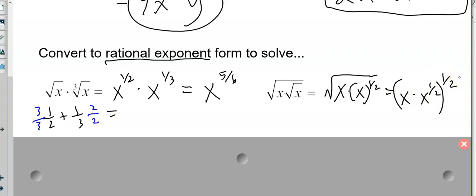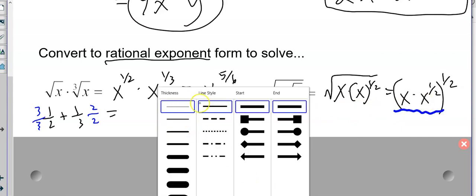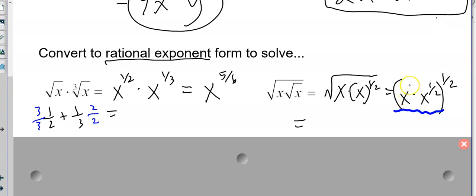There's a lot of different ways to deal with this. Some people will distribute this, like simplify that inside of there. I think that's not a bad plan. So if you did that, x to the first times x to the 1/2, you add the exponents to be x to the 3/2 power, to the power of 1/2 that's still out there.